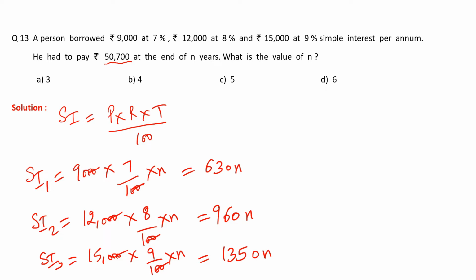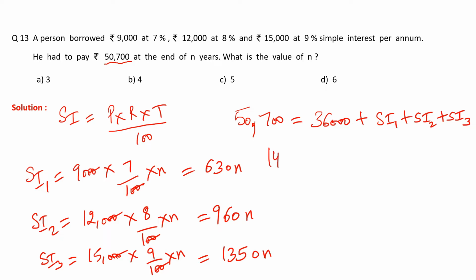Now 50,700 will be equal to the total principal amount that he has to pay, which is 9,000 plus 12,000 plus 15,000. That means it is 36,000 plus SI1 plus SI2 plus SI3, because these are the simple interests on 3 different principal amounts.